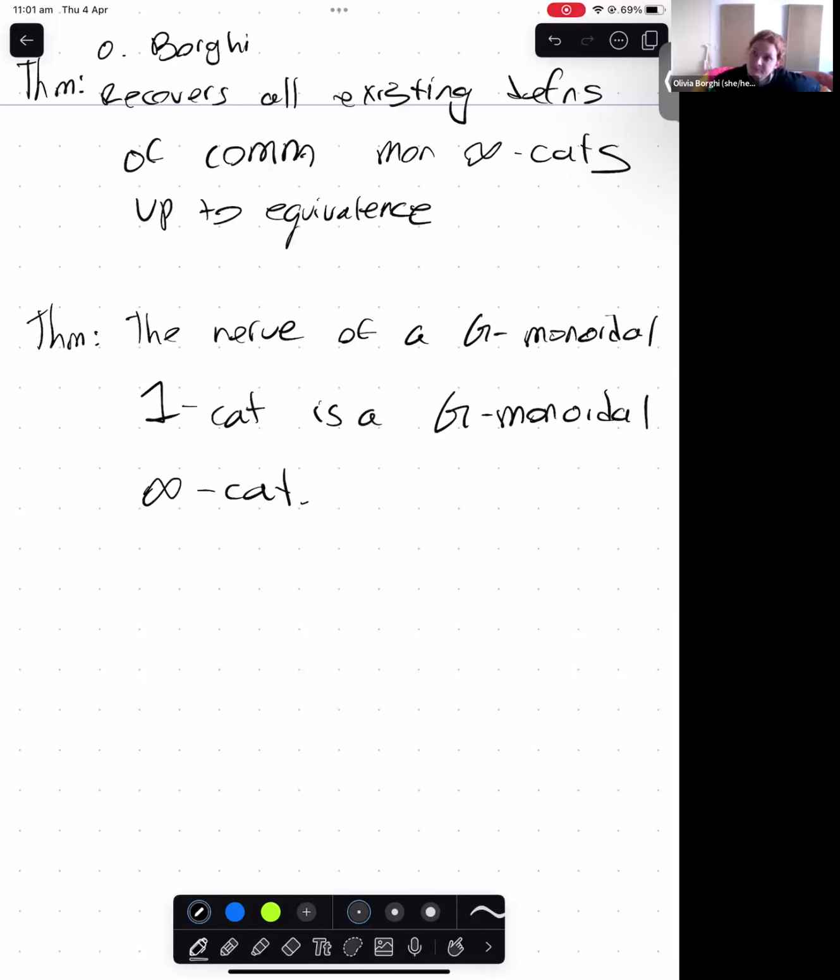Was there a reason a priori to not expect anything beyond two categorical structure? Or maybe that's rephrasing Francis's question, that you might have a whole space, a whole infinity category to begin with. There is no reason to expect that there shouldn't be. My goal with this project was to expand the definitions of what we know for monoidal infinity categories.